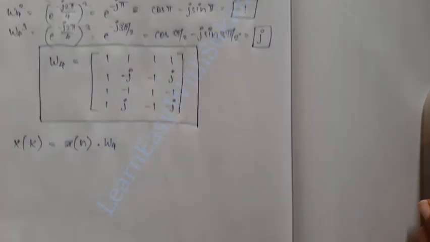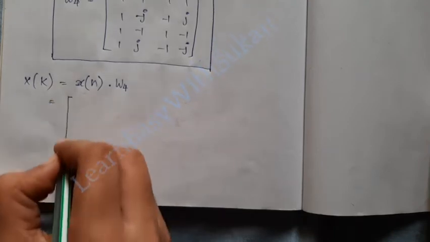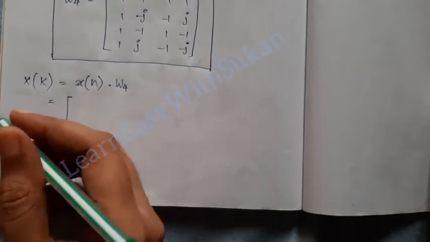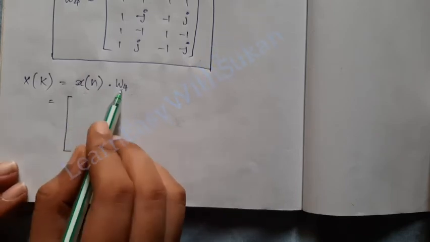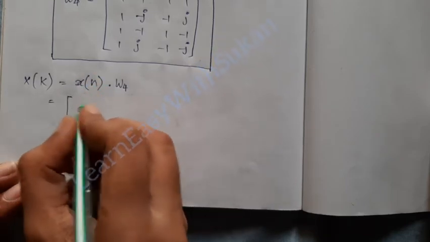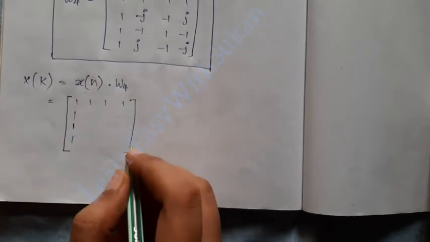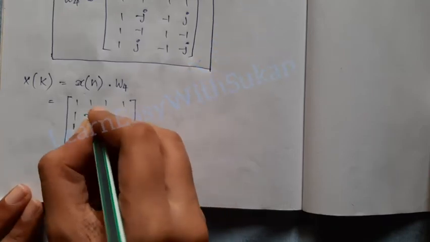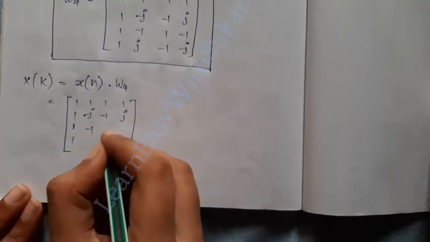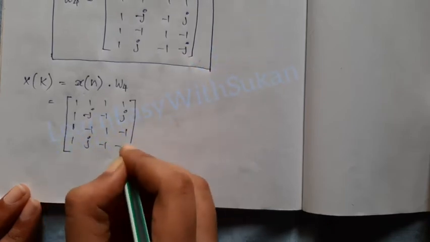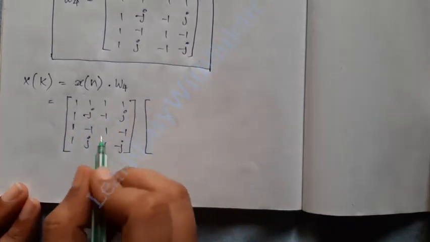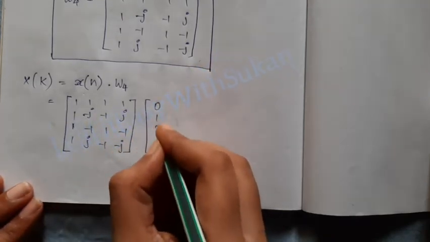So okay, now I am substituting these two matrices' values. W4 is 1 1 1 1 1 1 1, minus j, minus 1, j, minus 1, 1, minus 1, j, minus 1, minus j, into what is our x of n, which is given in the question, 0 1 2 3.